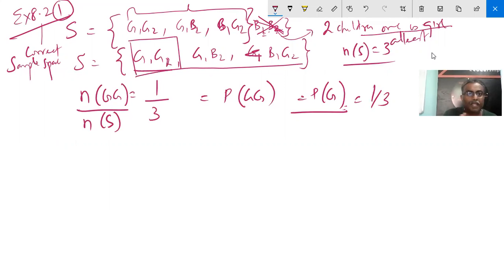This is not Bayes theorem or any theorem. This is common sense or elementary probability, N of A by N of S. Instead of N of A, I said both the children are girls.